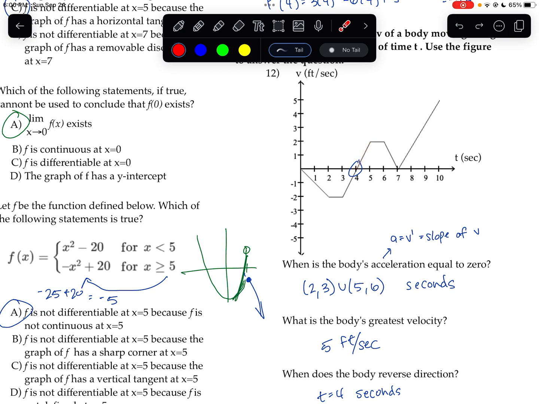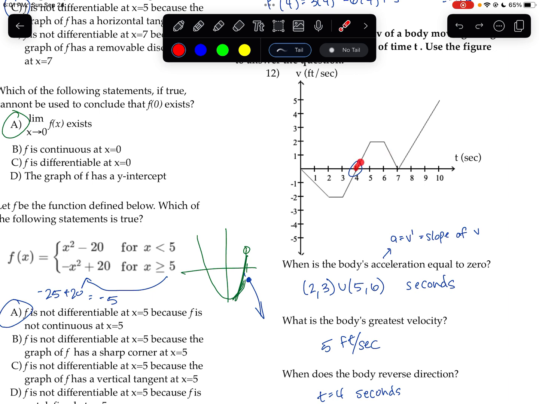Specifically right here, it's moving 1 foot per second in the positive direction. Right here, it's moving 2 feet per second in the positive direction. Then it moves 1 foot per second, but still moving in the positive.